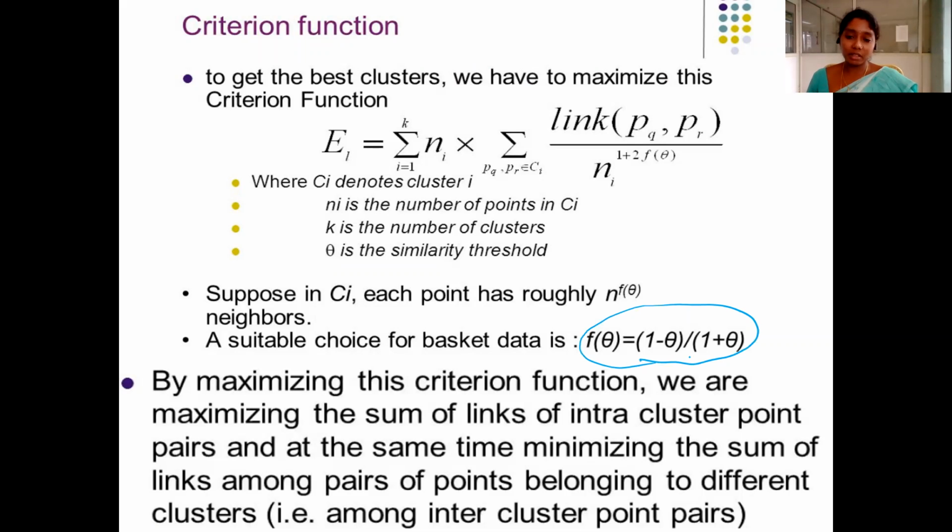The criterion function contains a sigma, which indicates the addition of the number of links between 2 points in a cluster. Indirectly, it tries to maximize the number of links within the cluster. So by maximizing this criterion function, we are maximizing the sum of intra-cluster links, that is, links within the cluster pairs, and at the same time minimizing the sum of links among pairs of points belonging to different clusters.